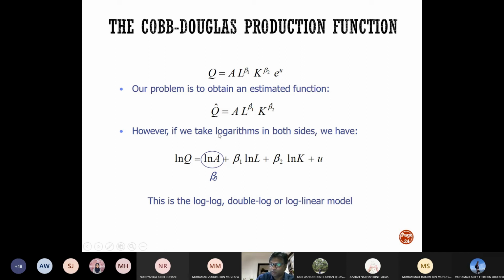As we know, the Cobb-Douglas function we call a log function, or double log function, or also a log-linear model, or log-linear function. Why do they call it a log-linear function?